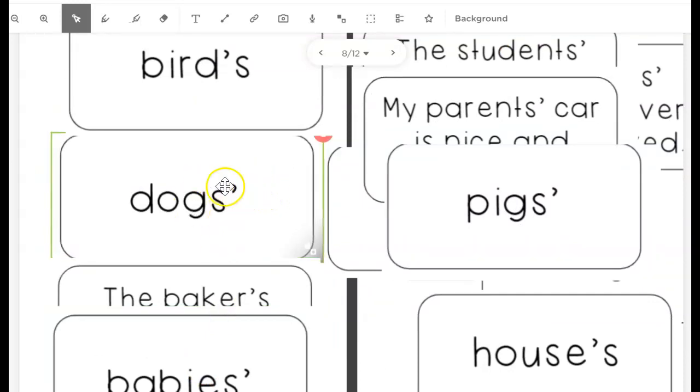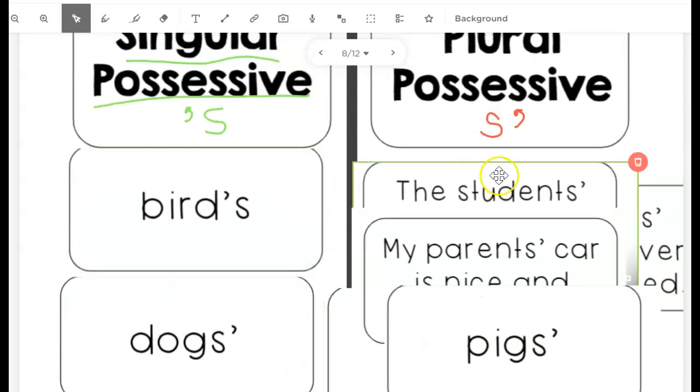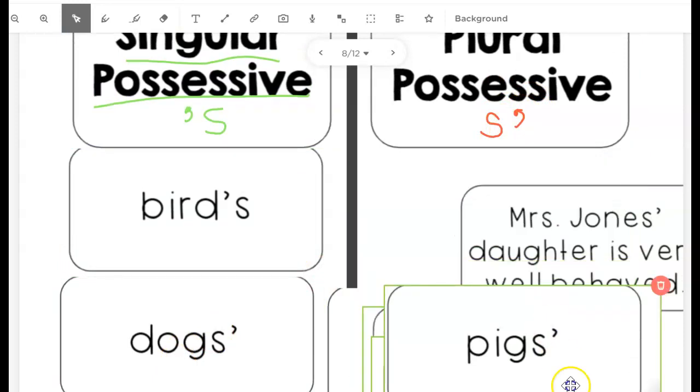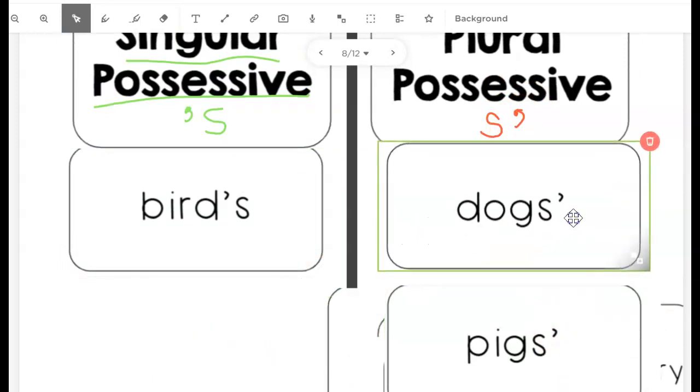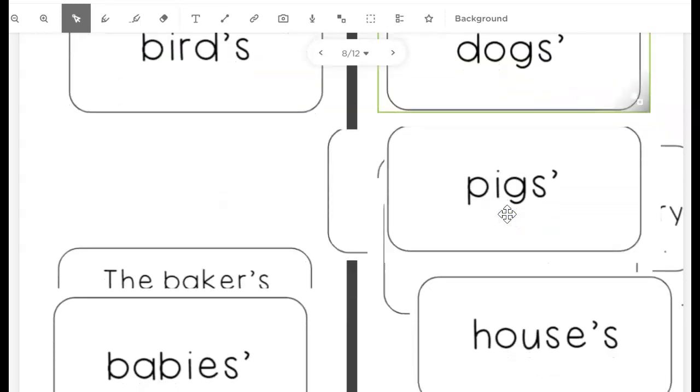So let's look at this next one, the dogs. The apostrophe is after the S, so that will be a plural possessive. I'll move these down so I have room. It's talking about more than one dog, just like we talked about with the dogs' house. So this is two or more dogs.